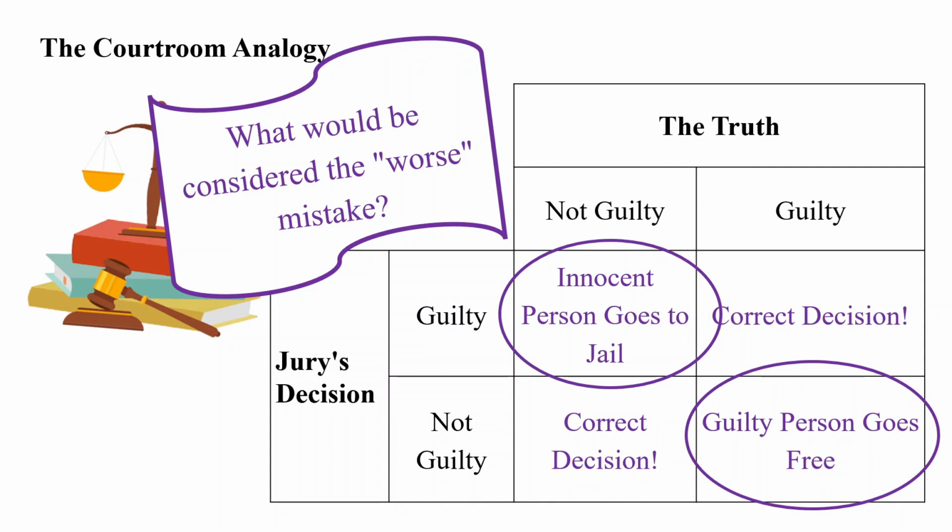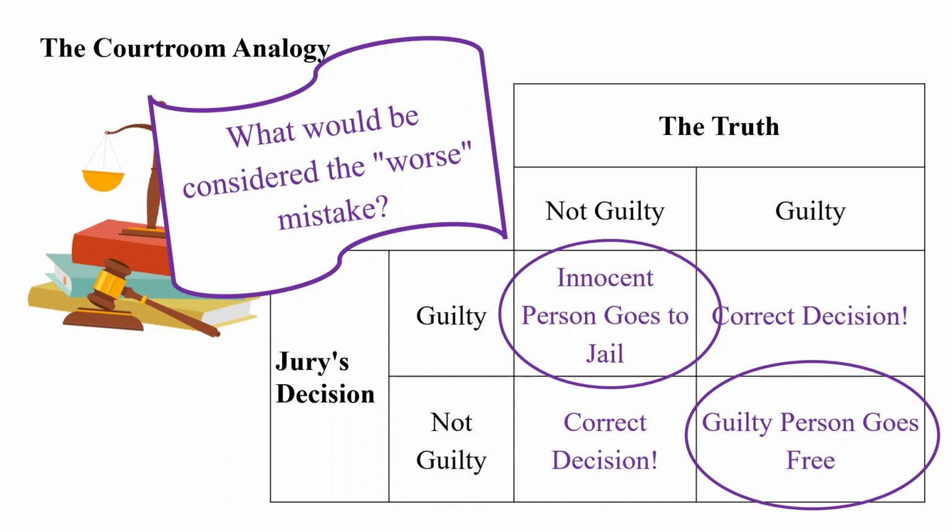If the crime was shoplifting, an innocent person going to jail for shoplifting seems a little bit more extreme than just a guilty shoplifter going free, right? An innocent person going to jail when they didn't shoplift seems a little bit more extreme.